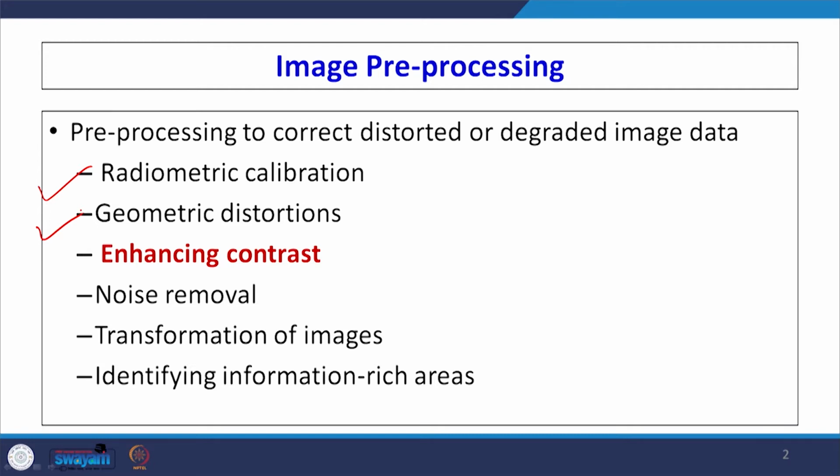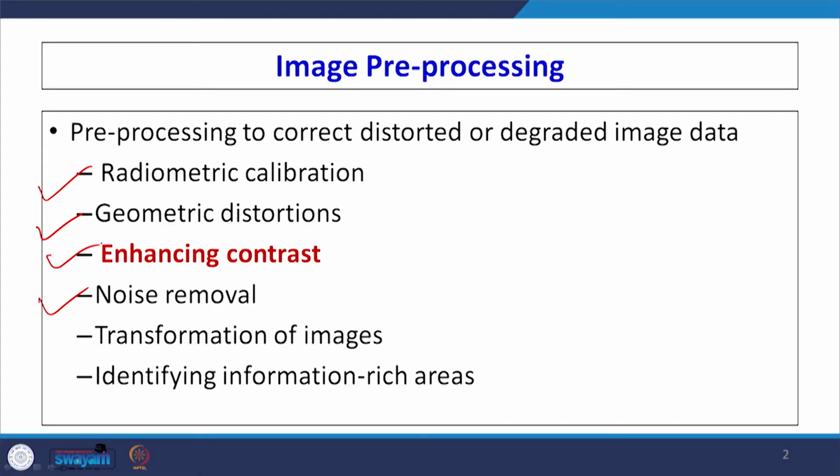If the contrast is not good, and I am not able to identify or recognize the objects, then I cannot create a vector map, I cannot prepare a thematic map, and I also cannot properly select the training sets which are required for classification purposes. If there is noise present, we also have to remove the noise in the data. Then the transformation of the images we are going to learn in the next lecture.